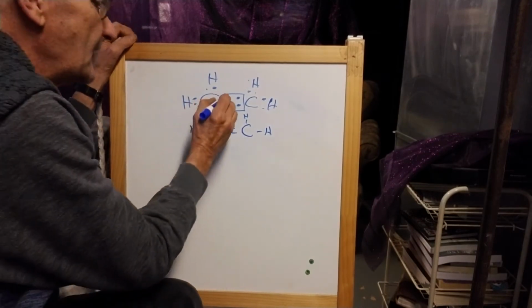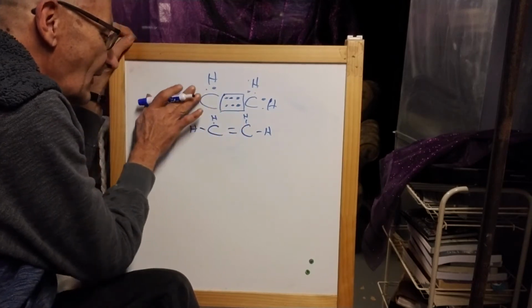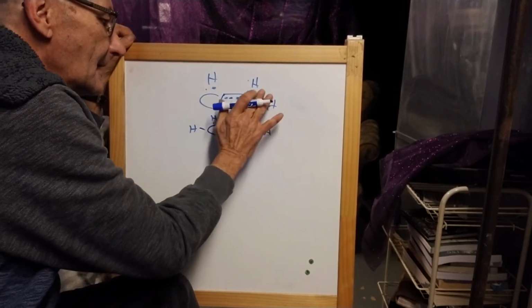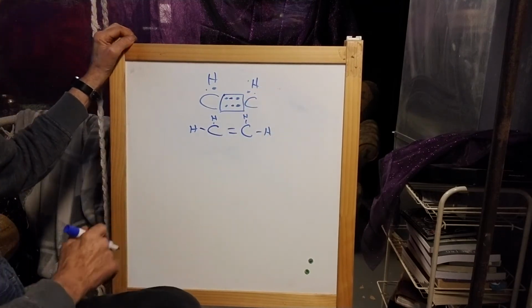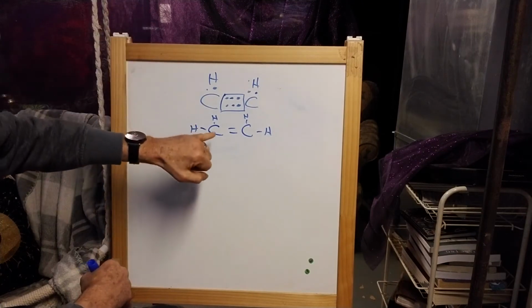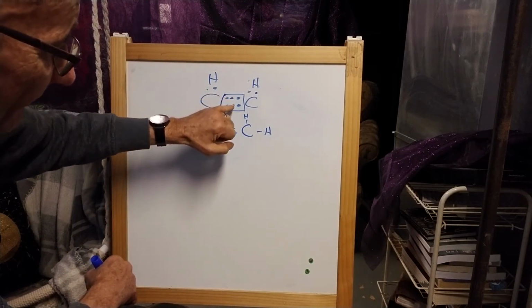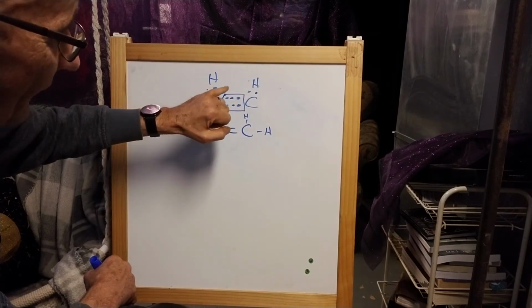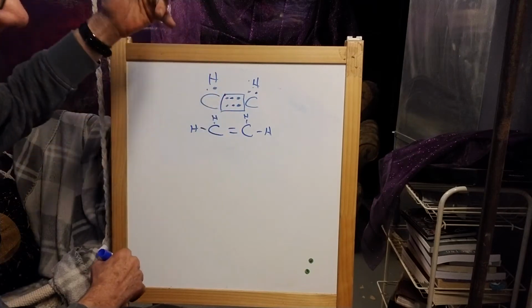What's to keep it from having one more from each and this disappear? See, carbon has got 1, 2, 3, 4, 5, 6, 7, 8. He's got 2. He's got 2. This carbon's got 1, 2, 3, 4, 5, 6, 7, 8.